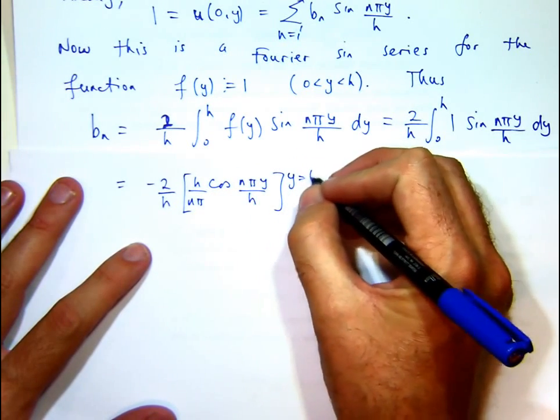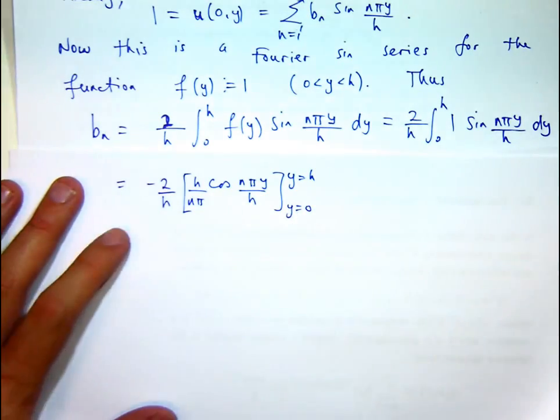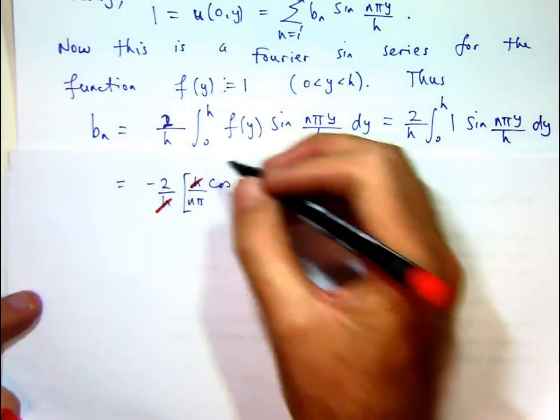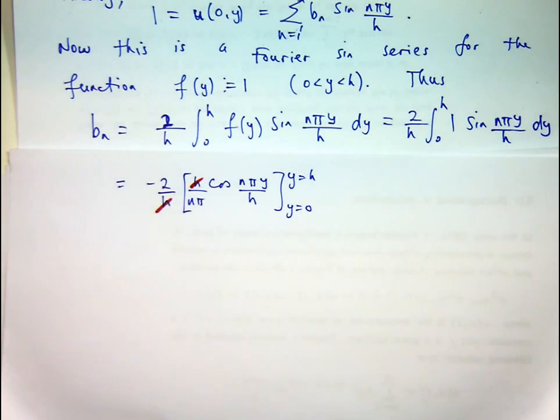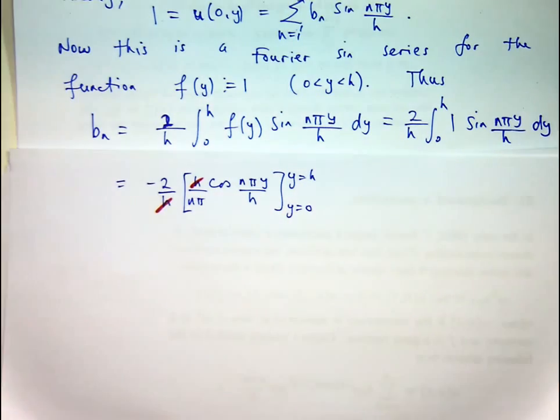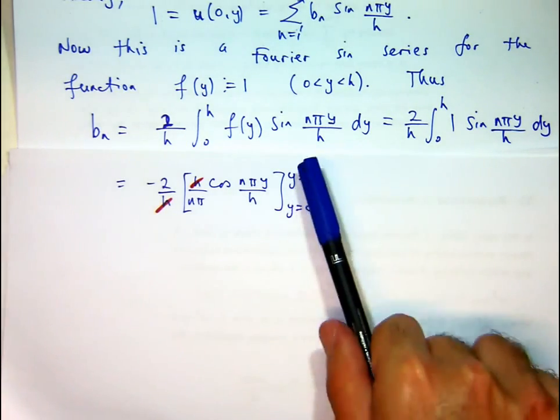I'll get something like this. And so you can see that the h's are going to cancel off. And I can take these out the front, and then I just need to plug in the values for y.